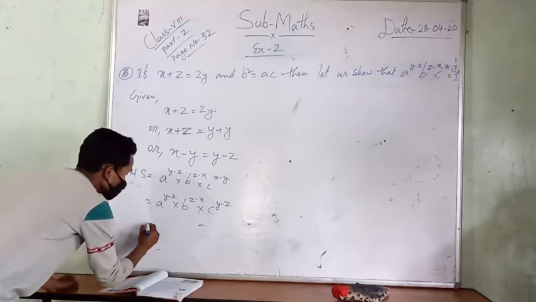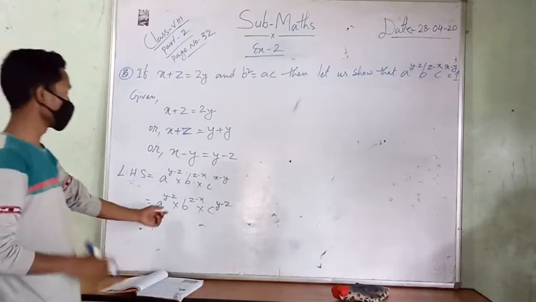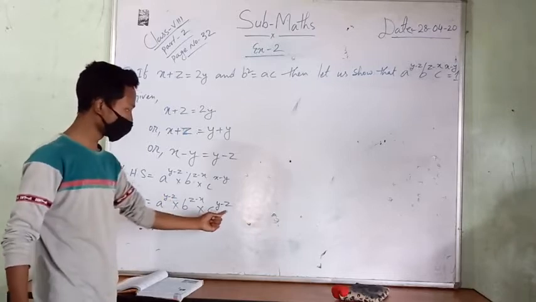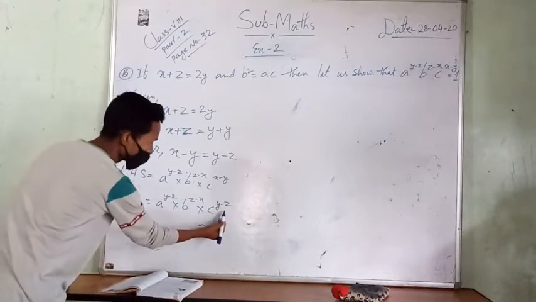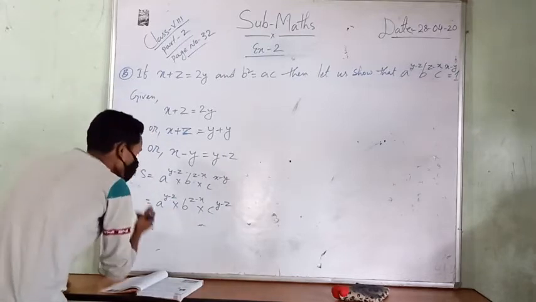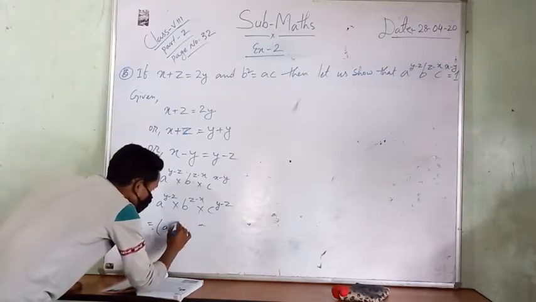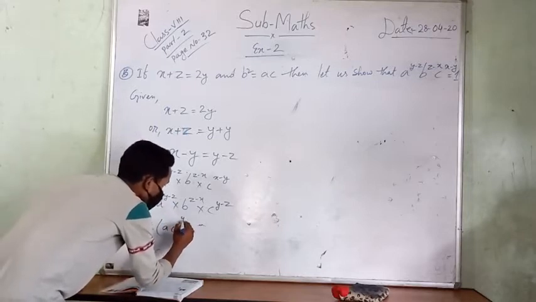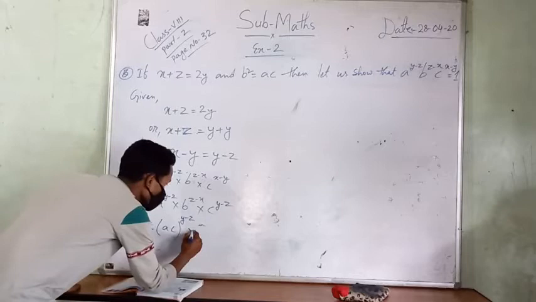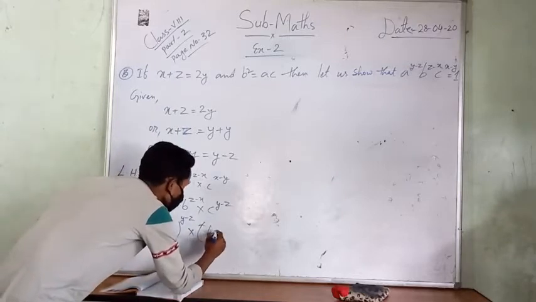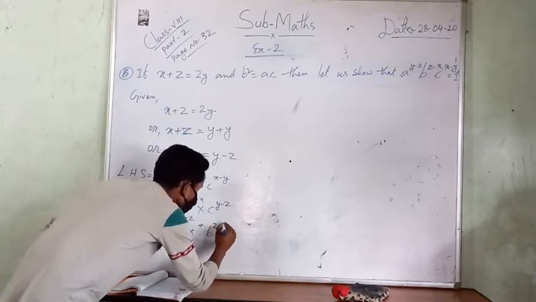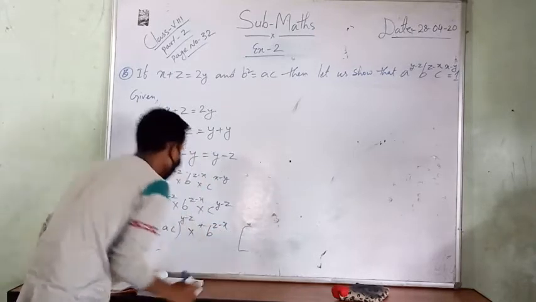So now next step, look at there, the power is the same: there is y minus z, and there is also y minus z. Then I will write in a bracket ac, then power y minus z into b to the power z minus x. In a bracket, look at that one.